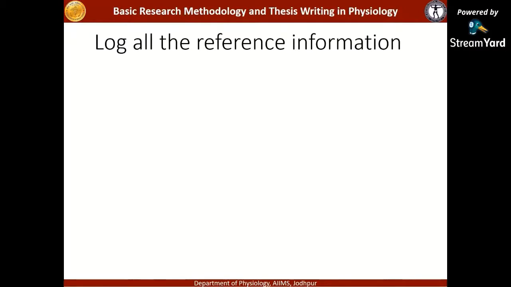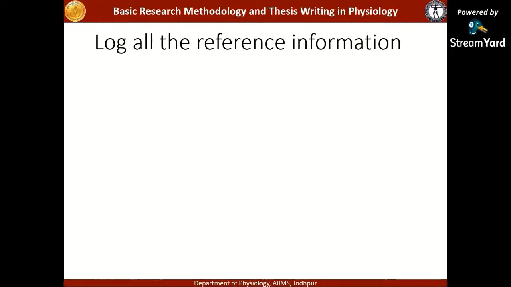Once you have all the data, what to do? It's more than what you thought. You thought that you will get 50. Okay, 50 articles I can manage, but they are 4,000 or 48,000. I have selected a few, but still it is more than 300. What to do? We have to log all the reference information.